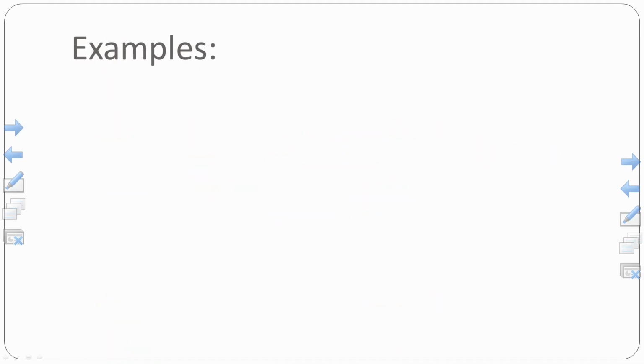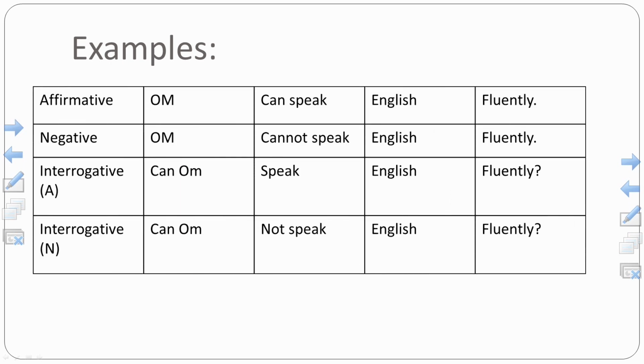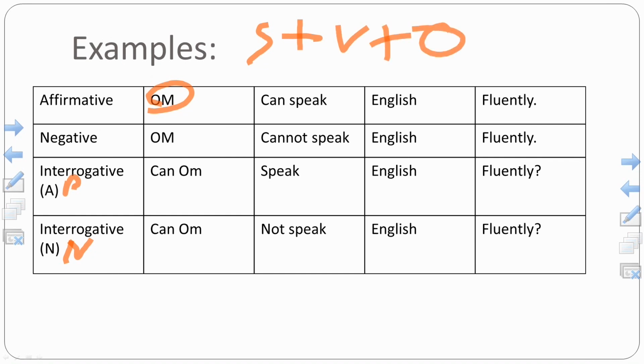Now let's look at some examples so we can understand each and every type of sentence. Here we see the structure of affirmative, negative, and interrogative sentences. An affirmative sentence means the sentence is positive. Here Om is the subject, and can speak: speak is the verb.